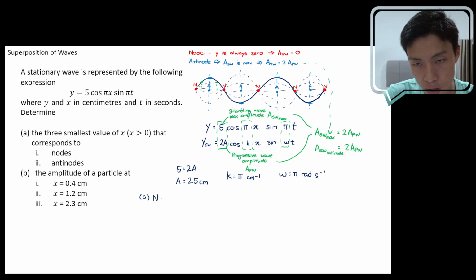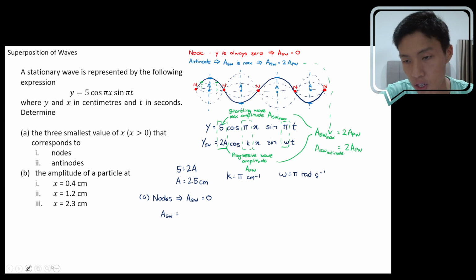What do we know about nodes? We know that at the nodes, the amplitude of the standing wave is always equal to 0. This is what we know. Okay, and we know that the amplitude of a standing wave can be obtained using the front part of the standing wave equation, but with a modulus sign.